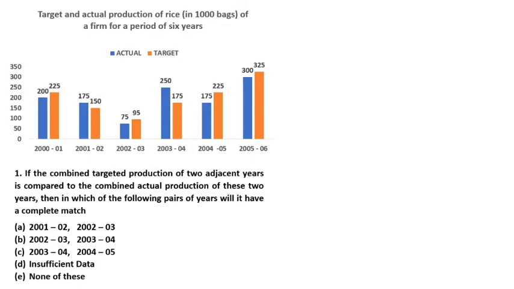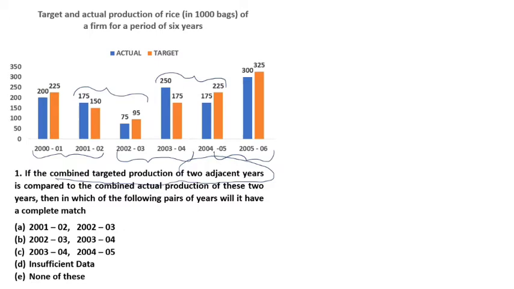You can take these 2 adjacent years, or these 2, or these 2, again these 2, again these 2. When you take them like this, in which pair of years will you have a complete match between the target and actual production? Let us see.